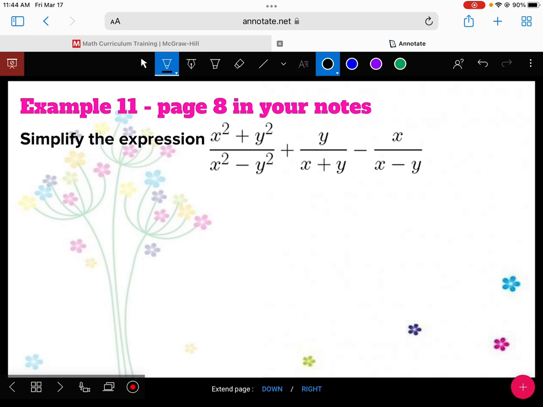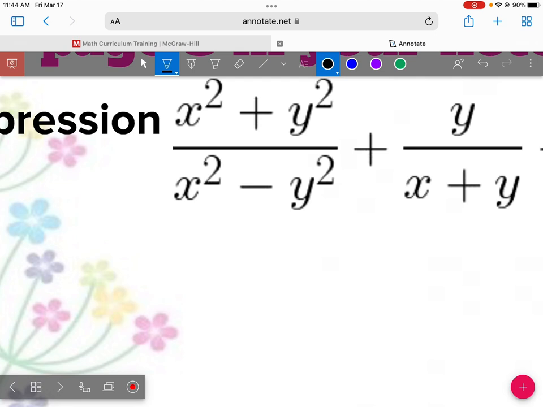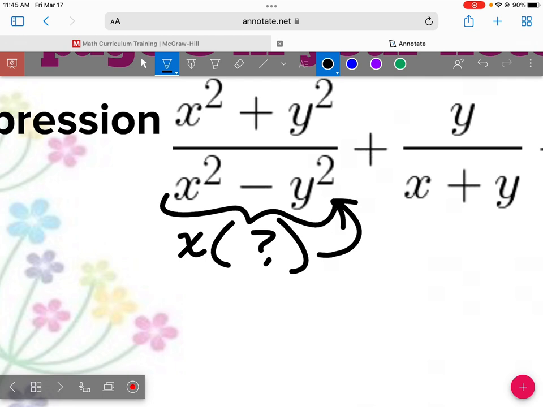Remember, if I'm going to write this down as a factor, x times what gives me all of that? X times x gives me x squared, but it has to give me the whole denominator. X times y, x times y.